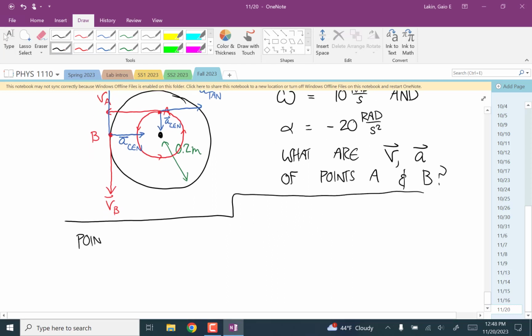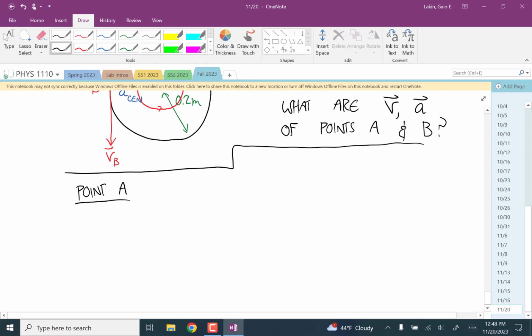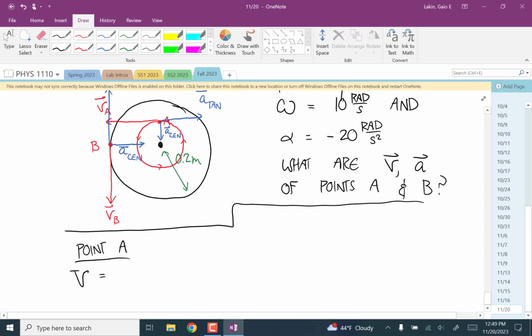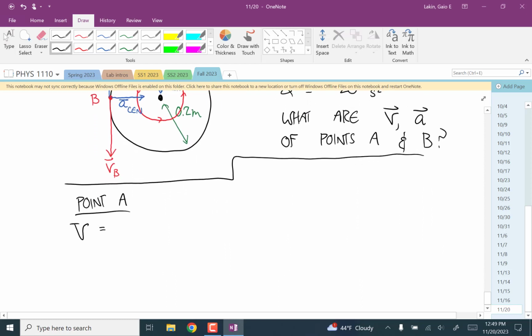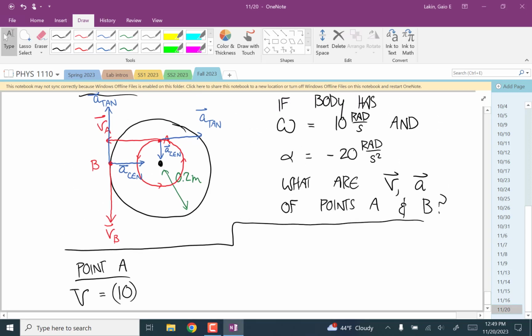Okay, so for the point A, the velocity, the speed, is equal to the absolute value of the angular velocity times the distance from the center to the point A. What's the distance from the center to A?